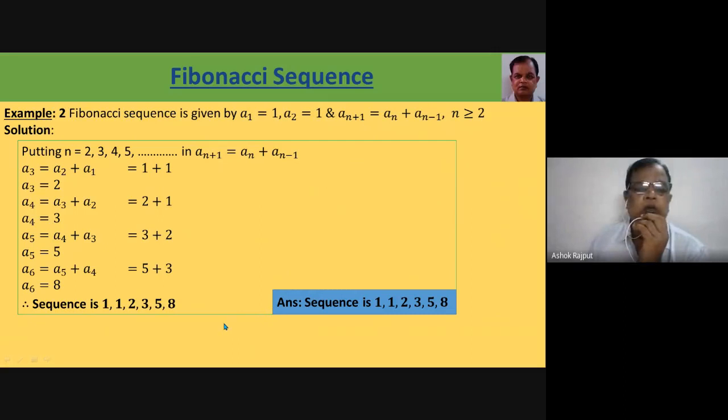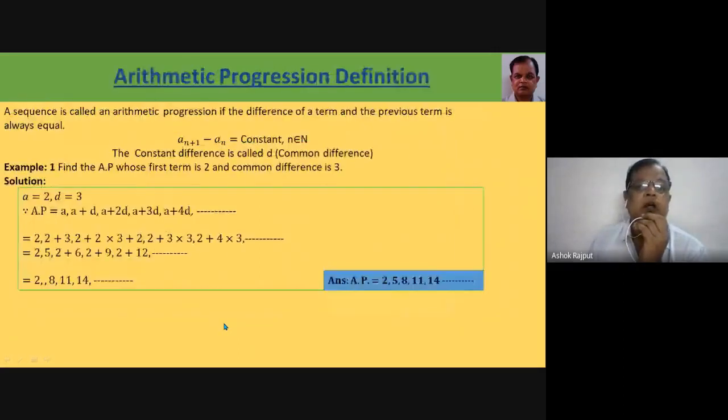Now we go to the next topic, arithmetic progression. First we define it. What is arithmetic progression? A sequence is called an arithmetic progression if the difference of a term and the previous term is always equal.